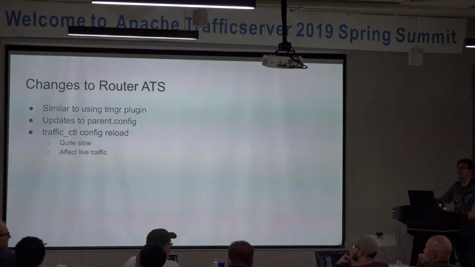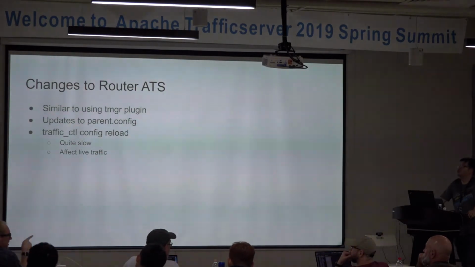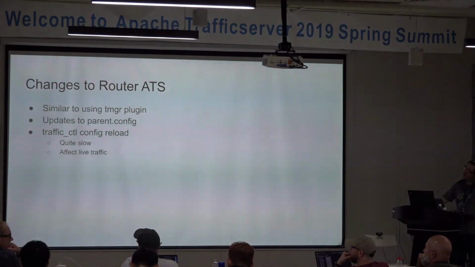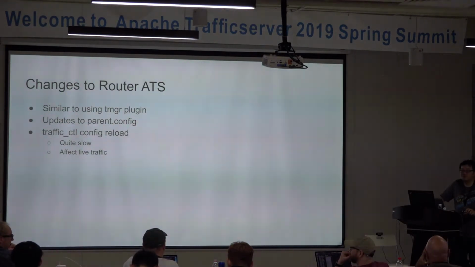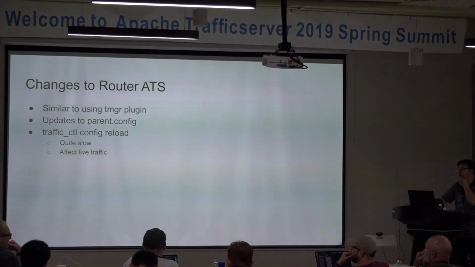ATS will only reload the configuration files that changed. There may be bugs that do this, because he's running 7.2. In the newer versions we don't have this problem. We definitely depend on this behavior: we touch files for something to be reloaded.